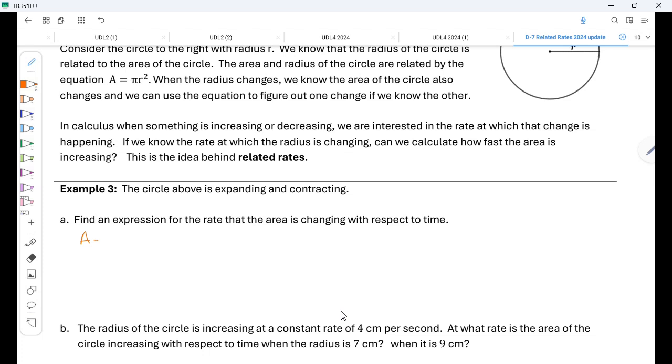So we're going to take A equals pi r squared, and we're going to differentiate it with respect to t. Obviously, with a lone variable, if you have A equals, then when you differentiate, you're going to end up with dA/dt equals. That's no different from when we changed y equals to dy/dx, right? Just different variable names.